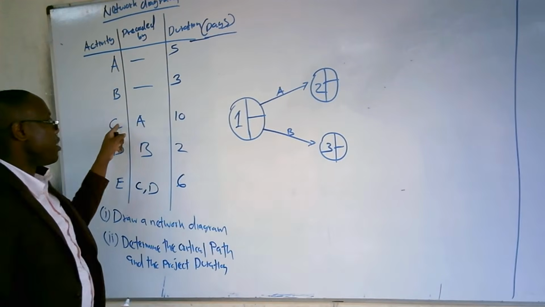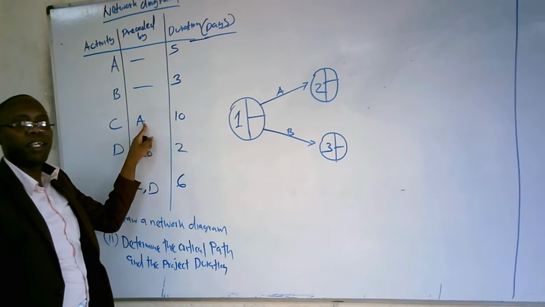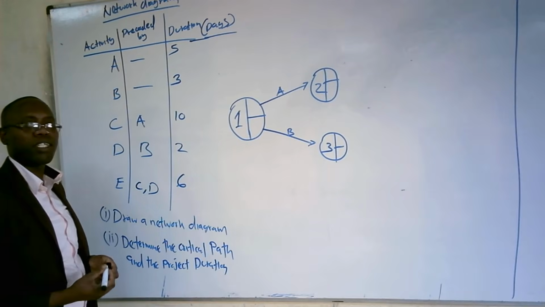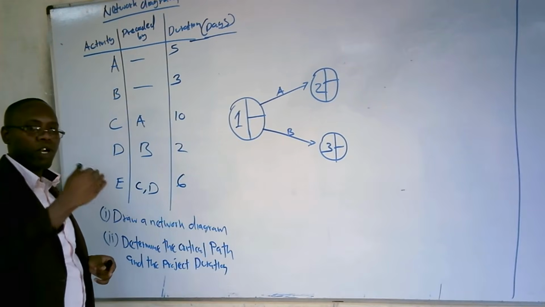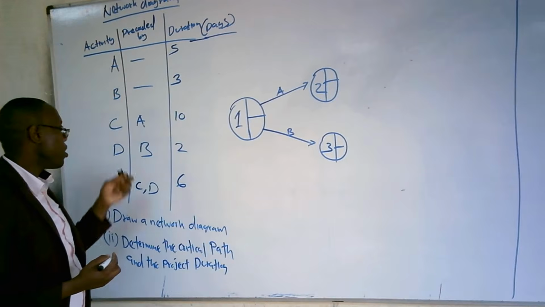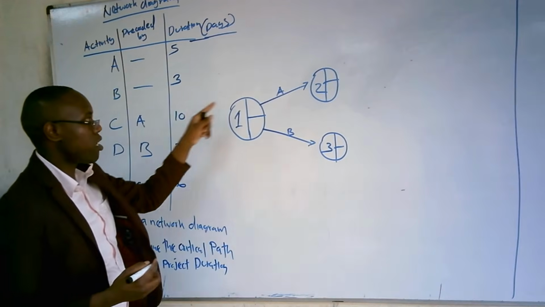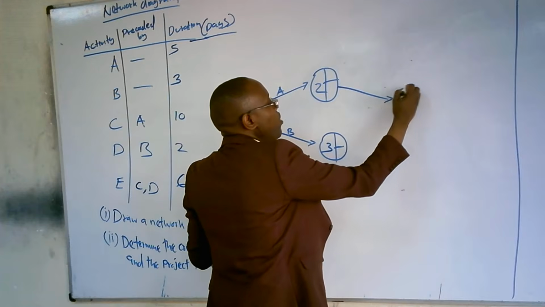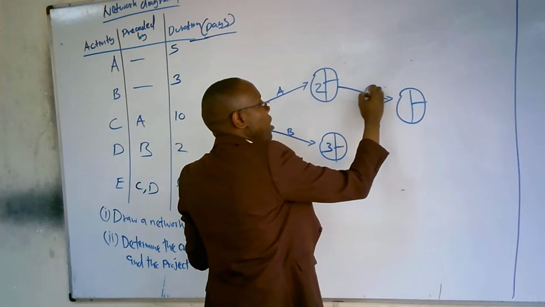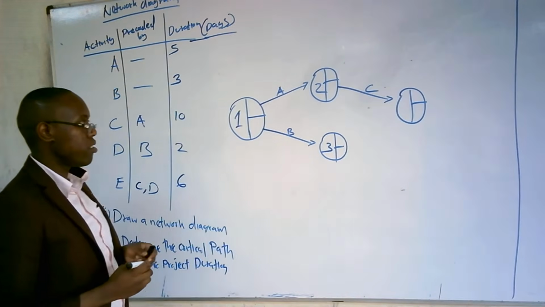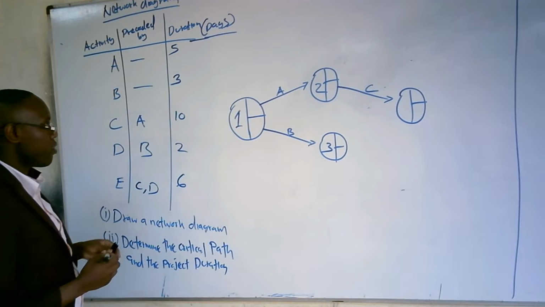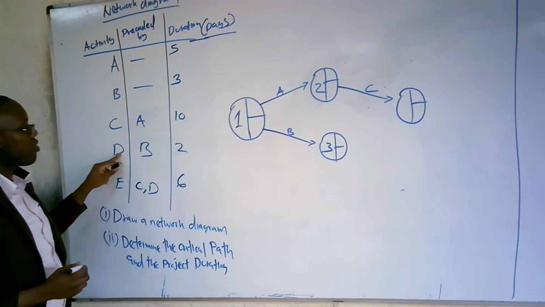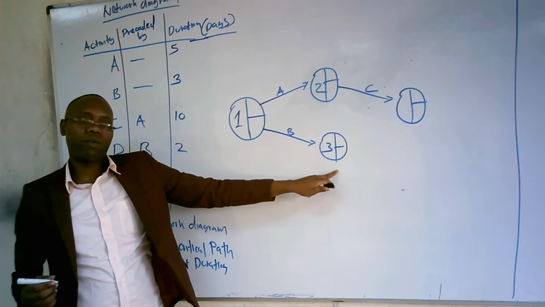Activity C, we have seen that it starts from A, and at the back of our minds we know that C and D are supposed to end together as we draw the other activities. So activity C starts from A, where A ends. And then activity D is supposed to start from B, where B ends.